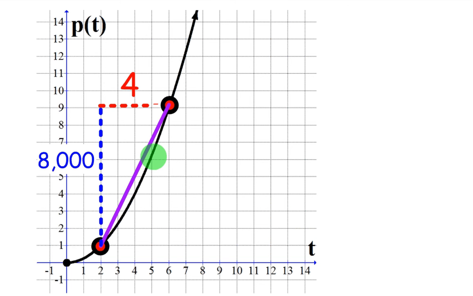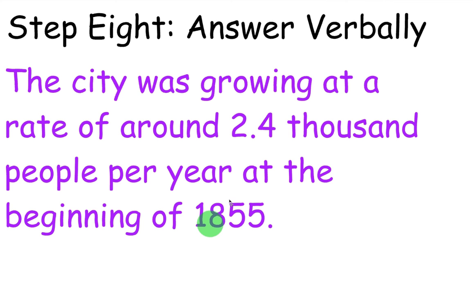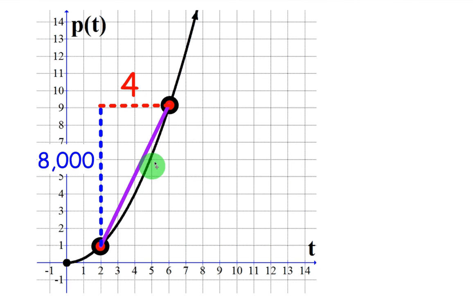So what we were really figuring out was its instantaneous rate of change, which was actually 2.4 thousand. So in this particular example, it was actually greater than its average rate of change from here to there. And that happens as well, okay?